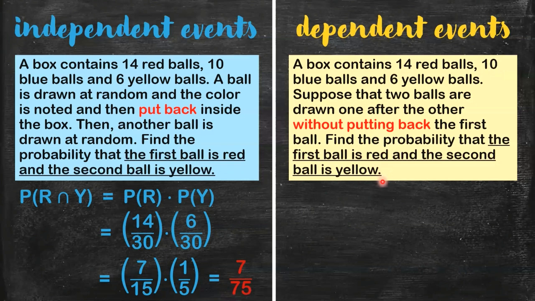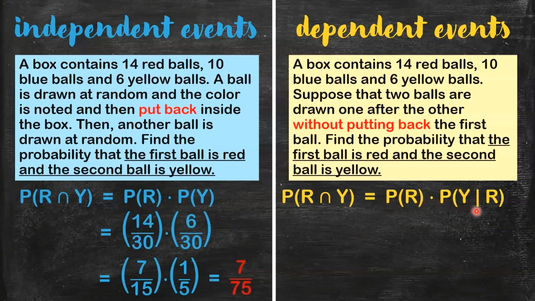Okay, again, dependent events, yung getting a red and getting a yellow, kasi meron tayong keywords na ito, without putting back. Okay? Sige nga. How do we get the probability? Okay, so the probability of getting a red ball, okay, is equal to 14 over 30 pa rin. Yeah? Okay. But what about the probability of getting a yellow, given that the first ball is red and it is not replaced?